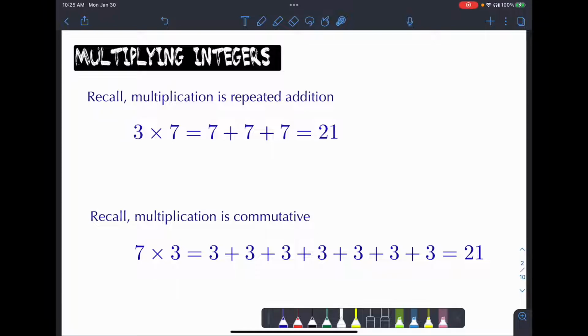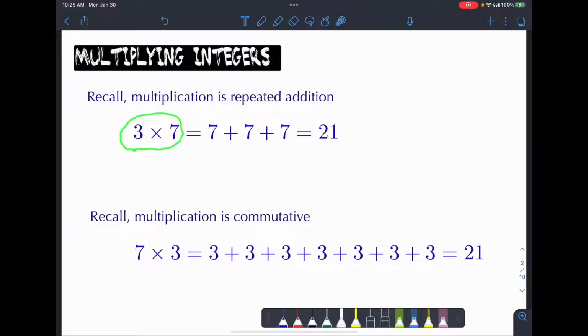All right, let's go right into multiplying integers. And before we do that, let's just remember what we did about multiplying natural numbers. So let's take this example here where we have 3 times 7. Remember that multiplication is just repeated addition.